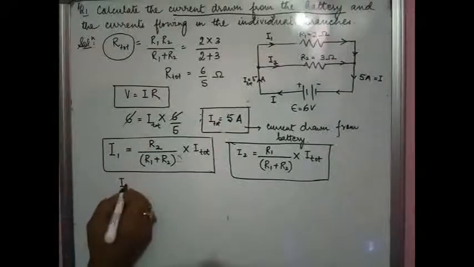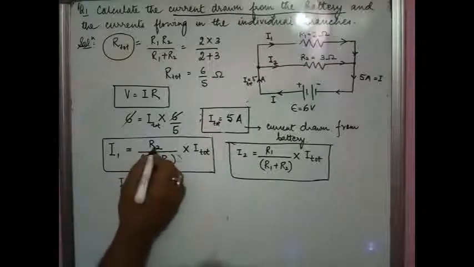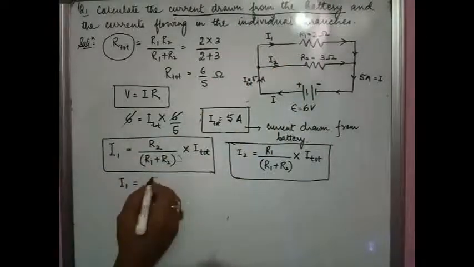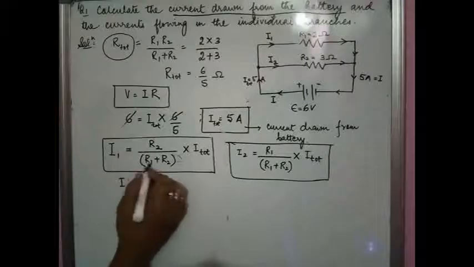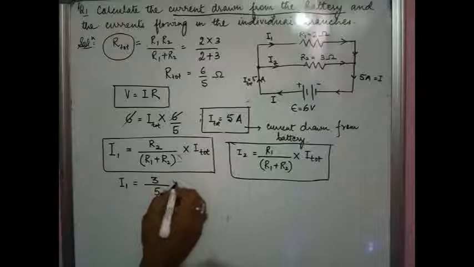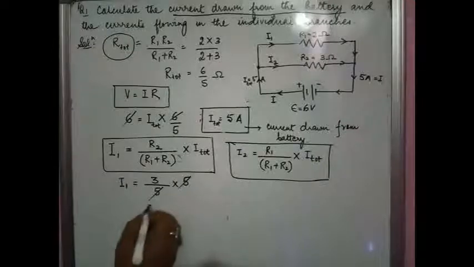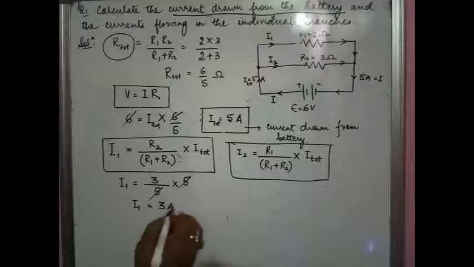Suppose I want to calculate I1, which is this current. Let me use this formula. R2 is 3, divided by R1 plus R2. So 3 plus 2 is going to give you 5, multiplied by I total. What is I total? 5. So 5 and 5 get cancelled, and you get an I1 value of 3 amperes.